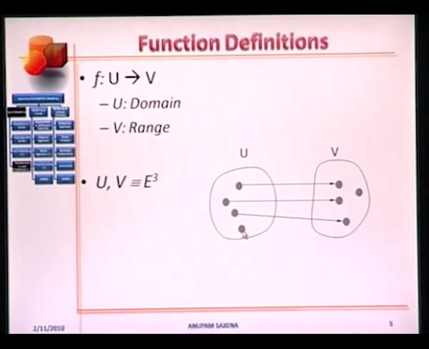This is not allowed in a function definition. Elements in V can exist without any relation. This is allowed. But elements in U existing without any relation or without any image is not allowed. In other words, this is not a function.